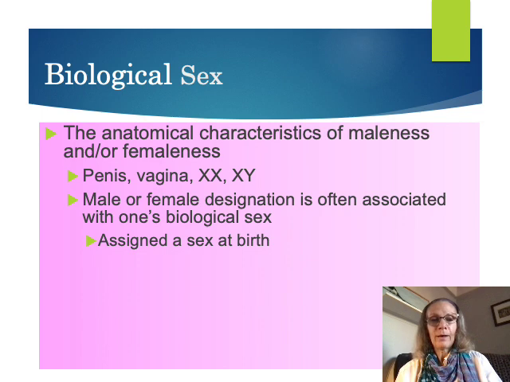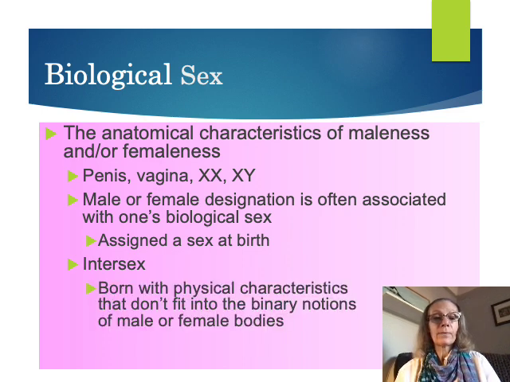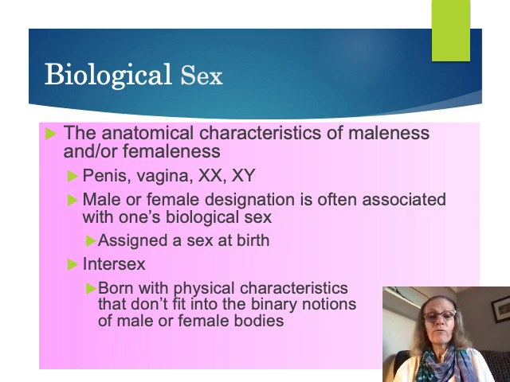But as we know, the human body is more complicated than that. While most people are born XX or XY, while most people are born with a penis and testicles or a vagina and ovaries, it's not always the case. And so that is where the concept of biological intersex comes into play. Biological intersex means that a person is born with physical characteristics that don't neatly fit into a binary notion of male or female bodies.